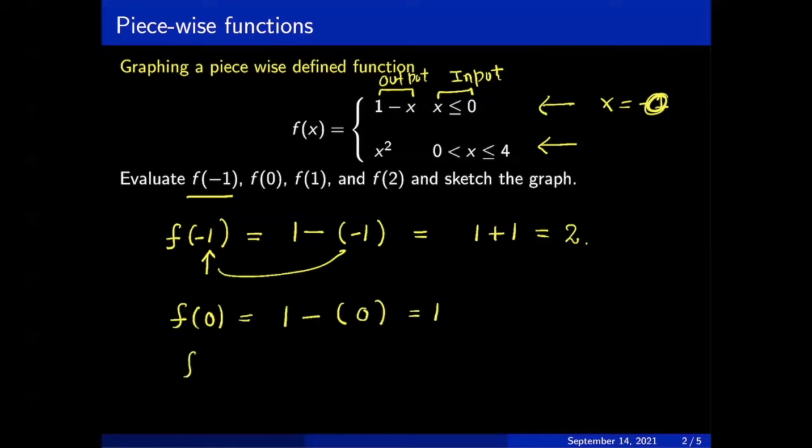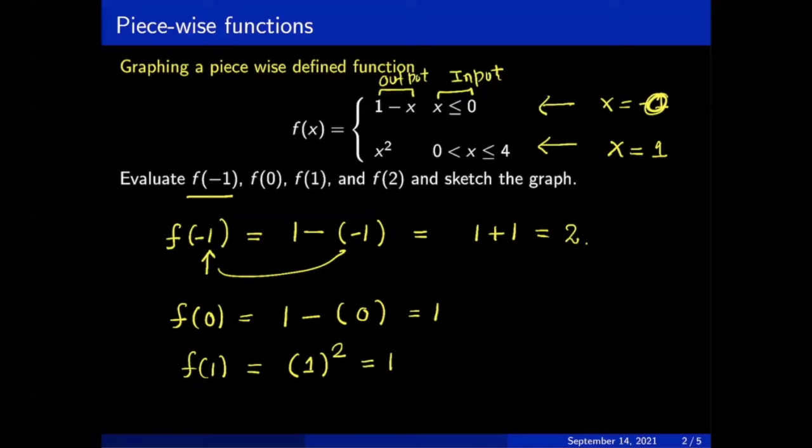Similarly, if I calculate f of 1, now x equal to 1 is in the second row because x is between 0 and 4. So I will take the output which is in the second row, and I place x by the input which I'm trying to calculate at, 1.